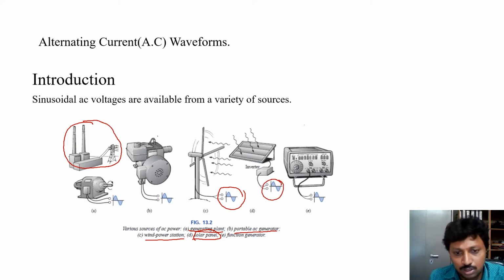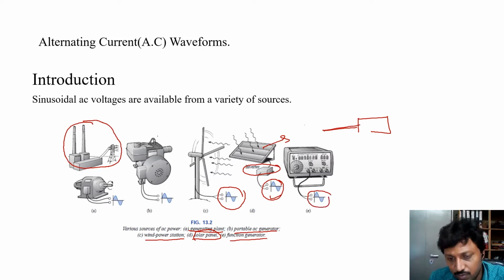The solar panel converts solar energy into electrical energy, which will be DC. After that, you connect the inverter, which converts DC current to AC current so that we can use it at home. The next one is the function generator, whose output is also AC current.